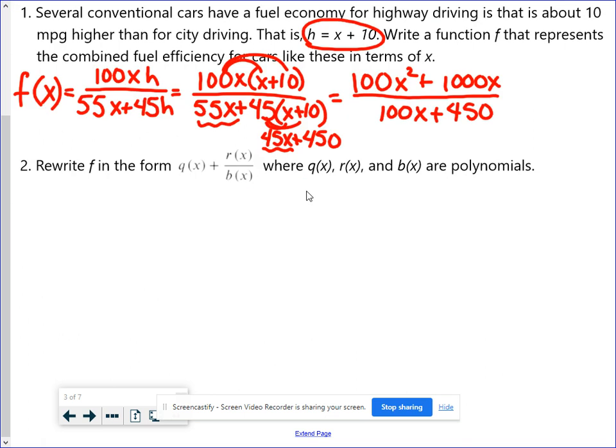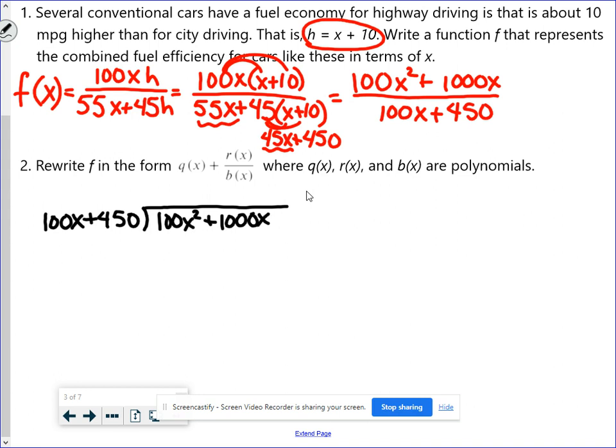So here's what we have to do. This is going to be some division. I'm going to do this as a long division instead of one of our diagrams. I'm going to have 100x plus 450 dividing into 100x squared plus 1000x.